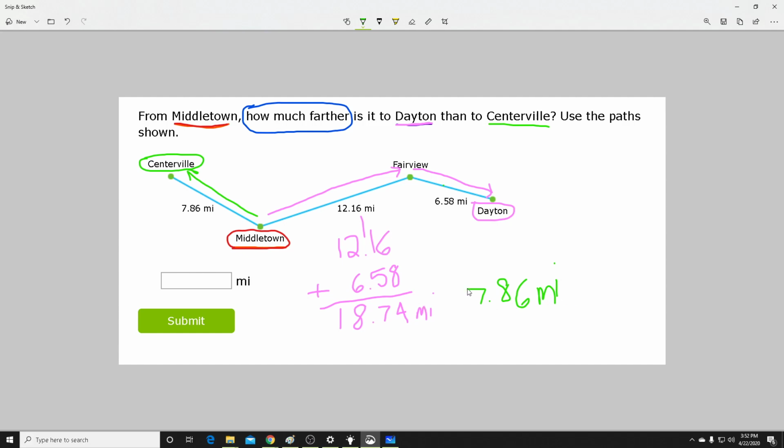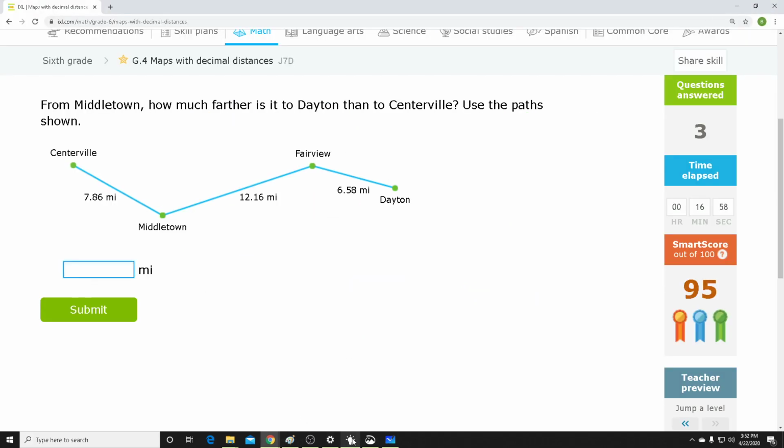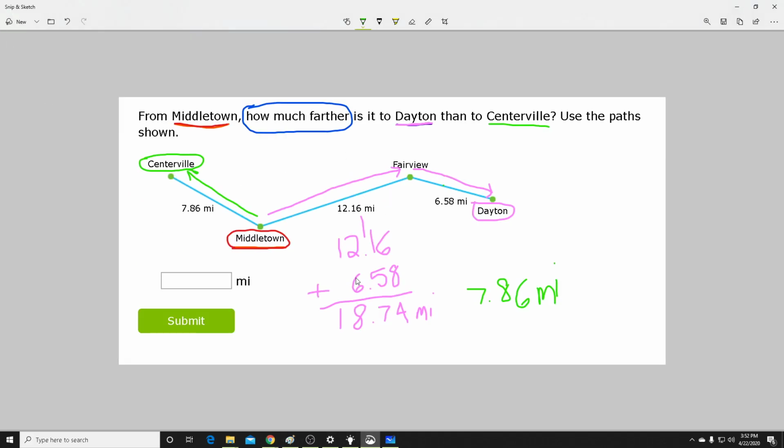And when you're trying to find the difference between two numbers, you need to subtract. So we need to take 18.74 minus 7.86. Now let's see. I have another page here to do that.